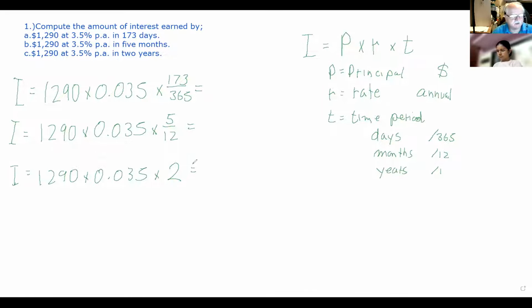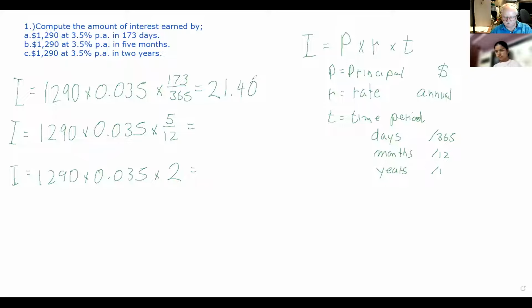So now we need a calculator. And what do we get here? I'll start with 173 divided by 365 times 3.5% times 1290. And I got $21.40, which is what we saw in the chat box once we round it to 2 decimals.